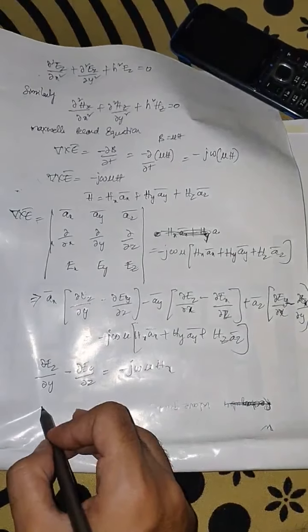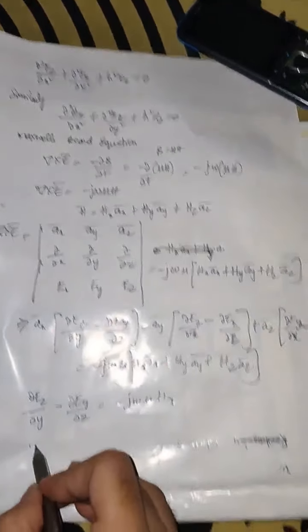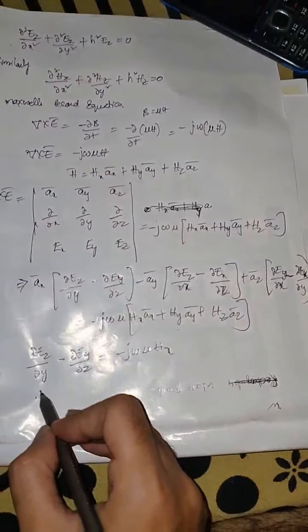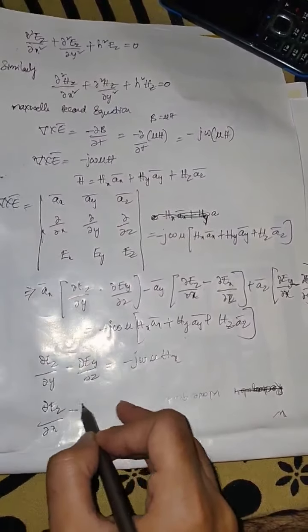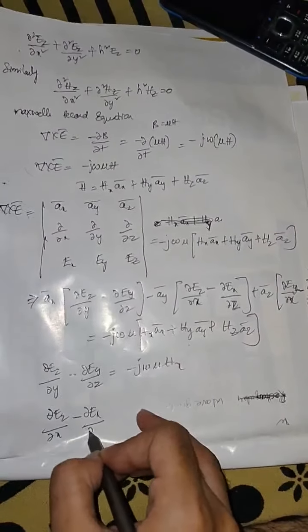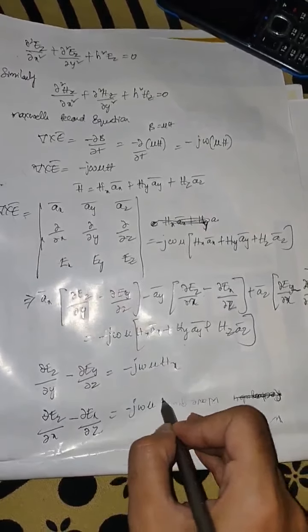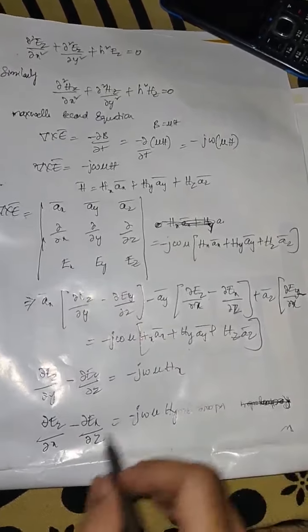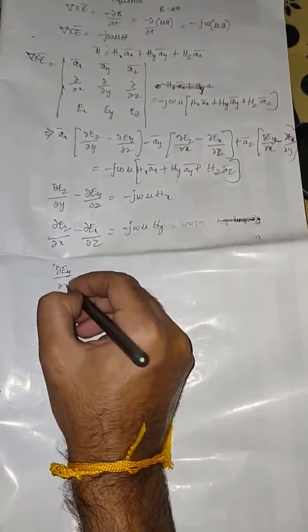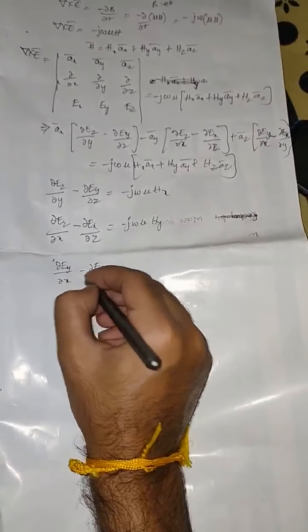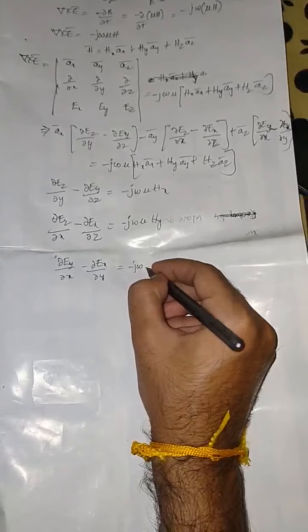In the same form, if you equate the ay components on both sides, the equation comes like this: ∂Ez/∂x minus ∂Ex/∂z is equal to minus j omega mu Hy. Now ∂Ey/∂x minus ∂Ex/∂y is equal to minus j omega mu Hz.